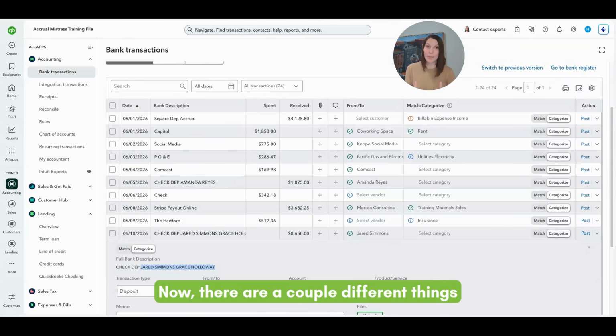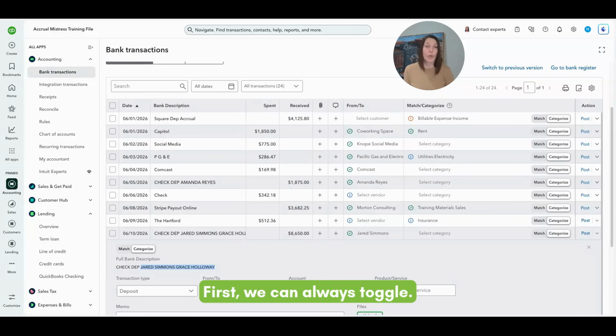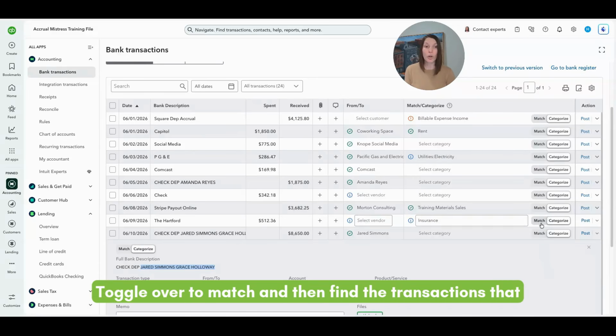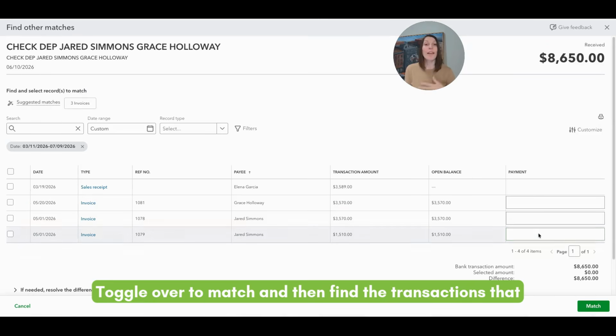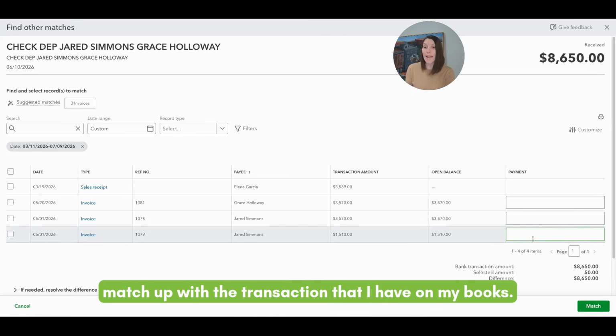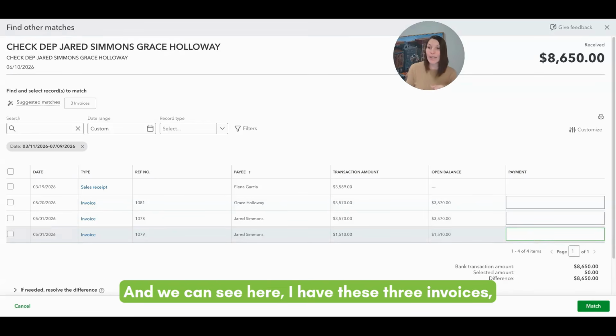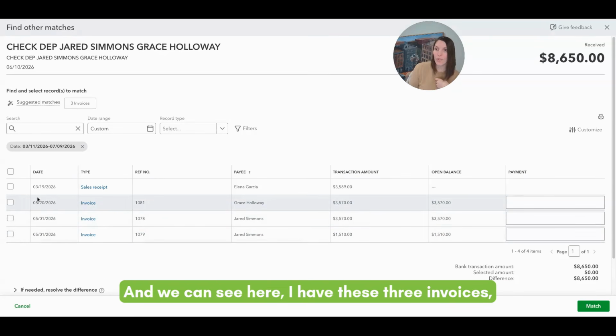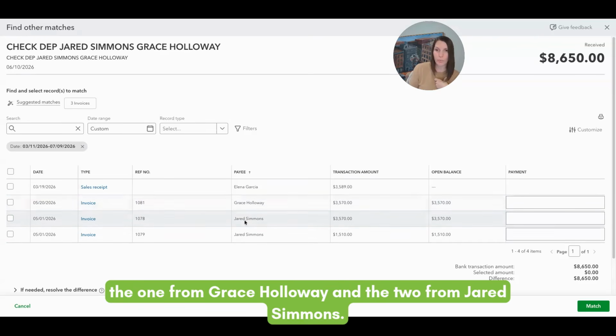Now, there are a couple different things that I want you to keep in mind here when we are dealing with a process like this. First, we can always toggle over to match and then find the transactions that match up with the transaction that I have on my books. And we can see here, I have these three invoices, the one from Grace Holloway and the two from Jared Simmons.